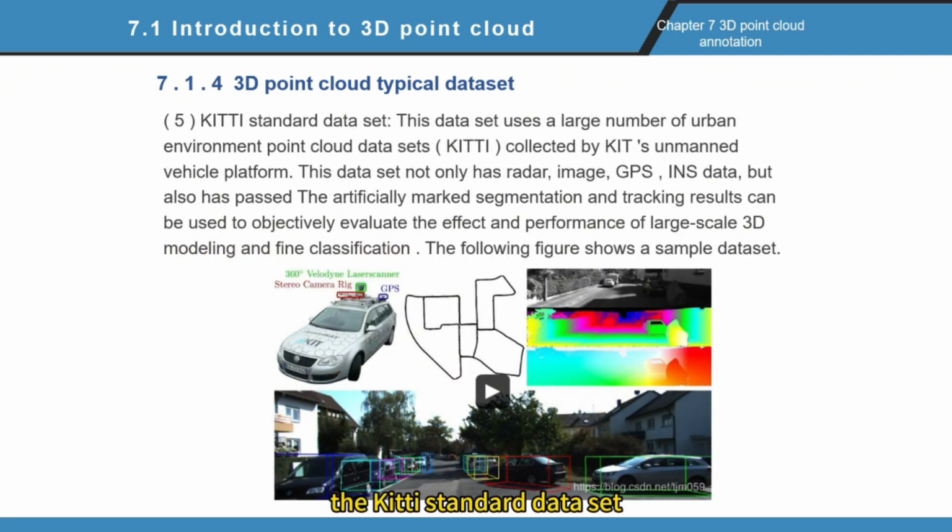The KITTI Standard Dataset uses a large number of urban environment point cloud datasets collected by KITTI's unmanned vehicle platform. This dataset has radar, image, GPS, INS data, as well as artificially marked segmentation and tracking results. It can be used to objectively evaluate the effect and performance of large-scale 3D modeling and fine classification. The figure shows a sample of this dataset.